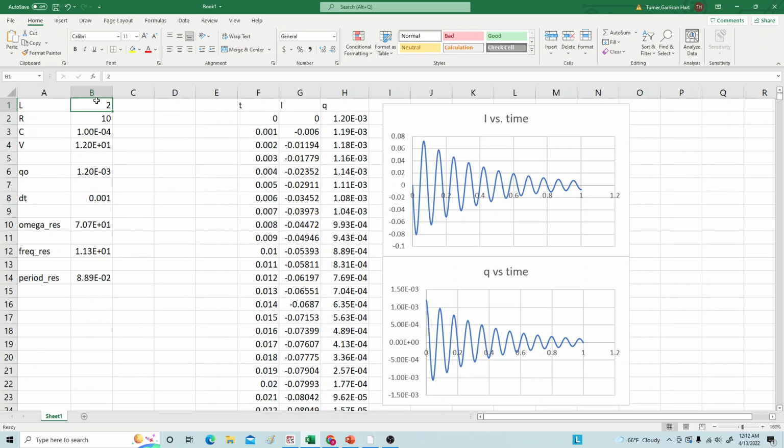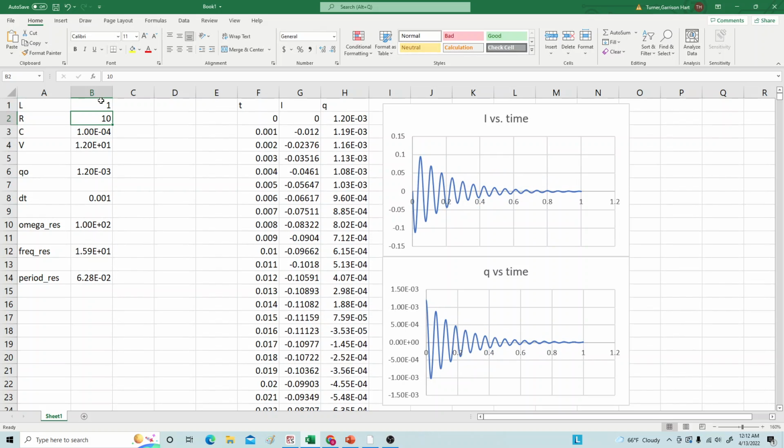Originally, I had this at 1, so we can see what happens there. The smaller I make my inductor, the faster this will die out. We should understand the physics for that at this point.